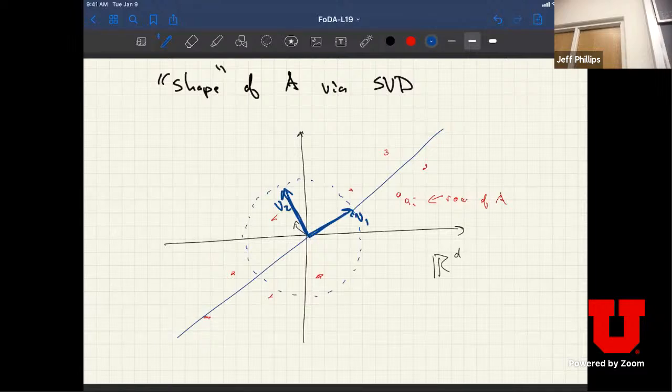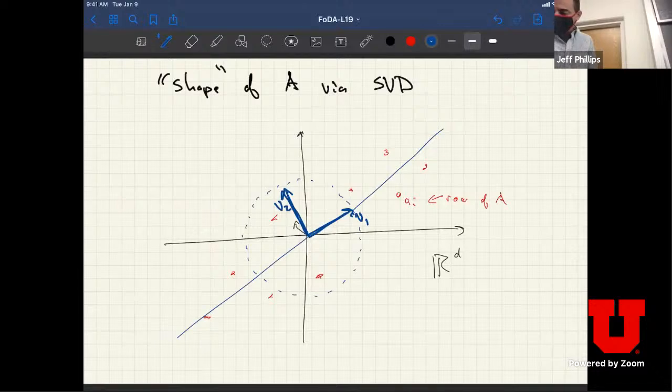They might be living in 3 or higher dimensions, but we can always view them in the plane, in the 2 dimensions defined by the span of V1 and V2. This also sits on the unit circle. So I've captured something about the direction: V1 is the most important direction, and V2 is the second most important direction.